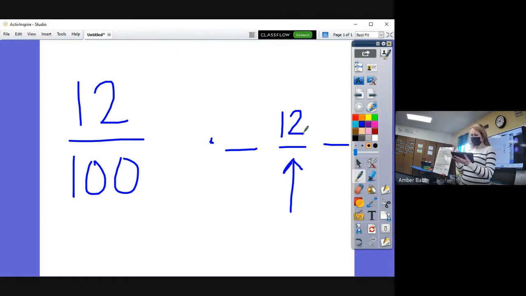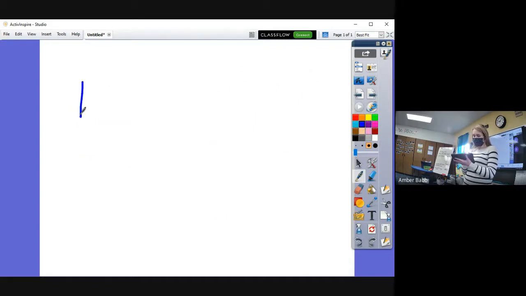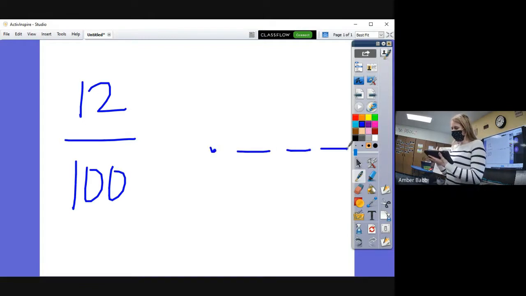I'm seeing all kinds of things. I'm seeing 0.012. I'm seeing 0.021. I'm seeing a bunch of stuff. Okay, 0.0. We know this is my hundredths spot.